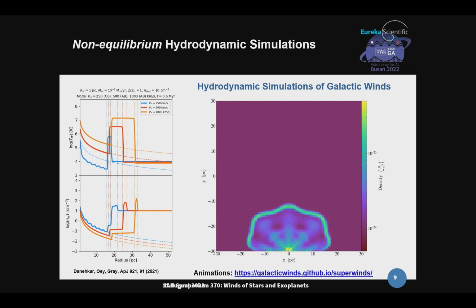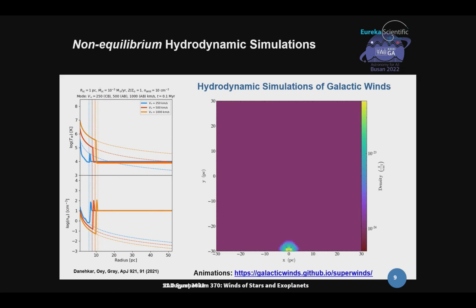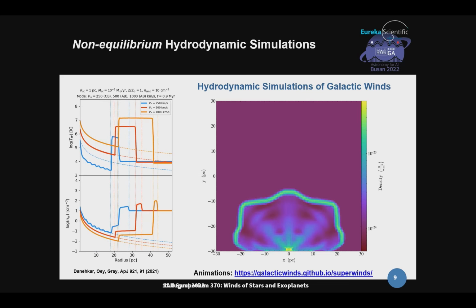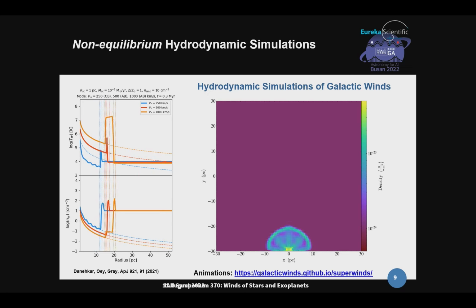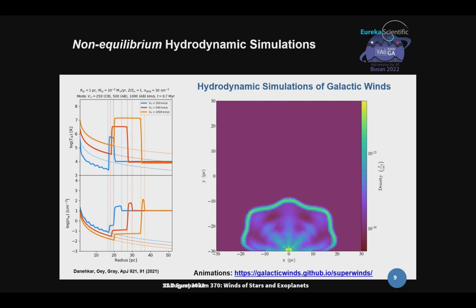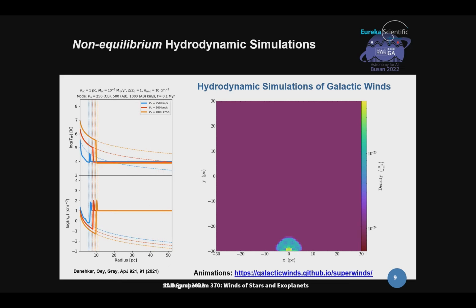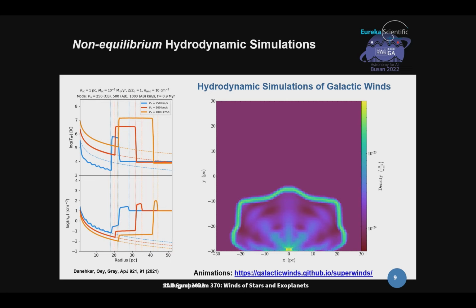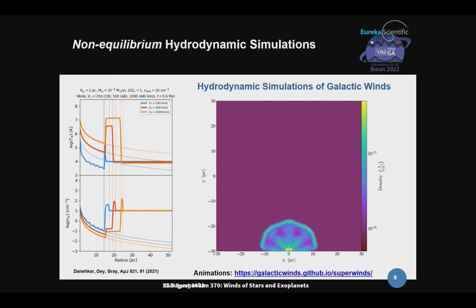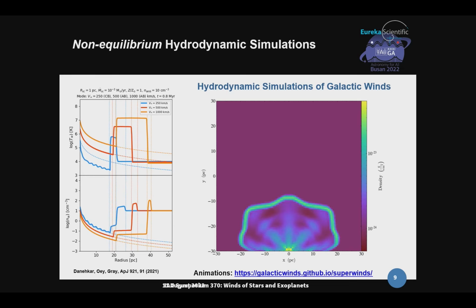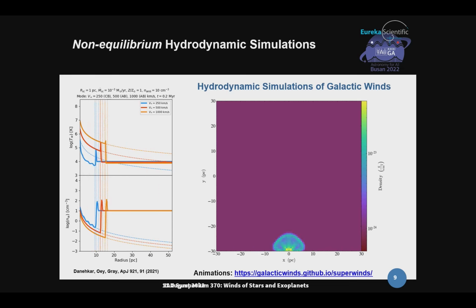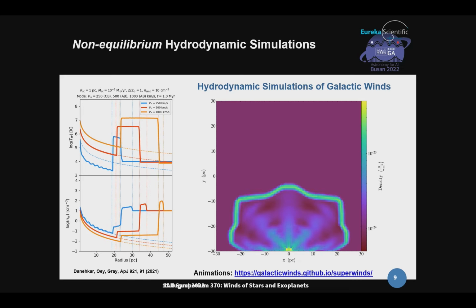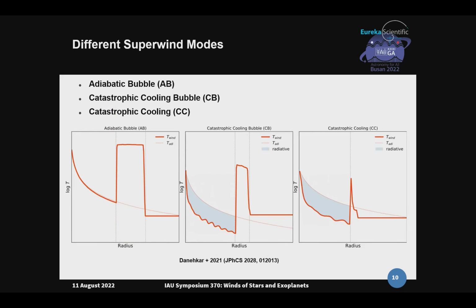Here on the left you see 1D models, and on the right you see 2D models. If you look at the model with low velocity, 250, we see a departure from the adiabatic solution. The adiabatic solution is shown by the dashed line, and the solid line is the hydrodynamic result. In the blue lines, you see the departure from the adiabatic solution because of strong radiative cooling.